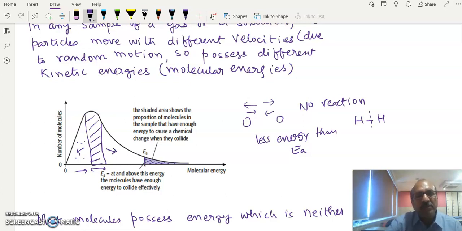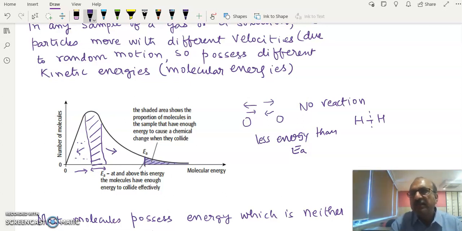Most of the molecules present here, which have energy lower than activation energy, are unable to take part in the chemical reaction. So this is how we can understand the distribution of molecular energies, and the molecules having energy greater than activation energy are the ones that succeed in bringing about a chemical reaction.